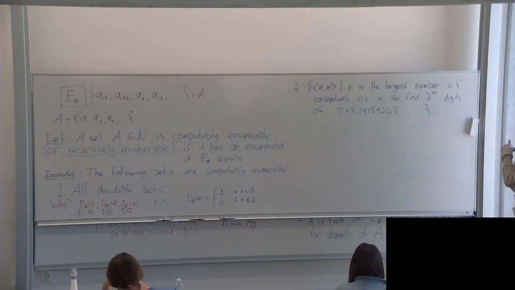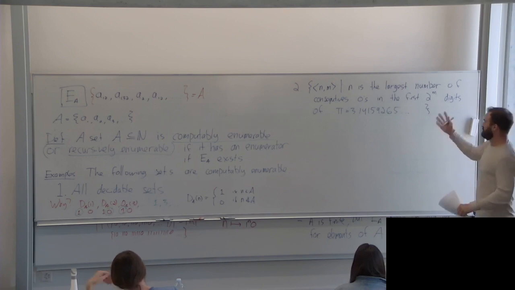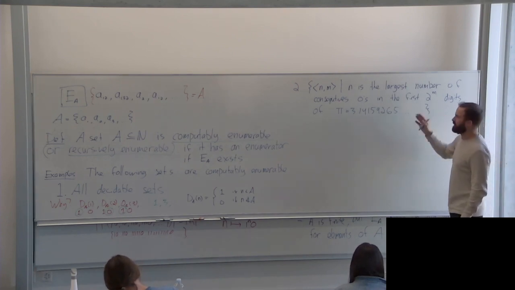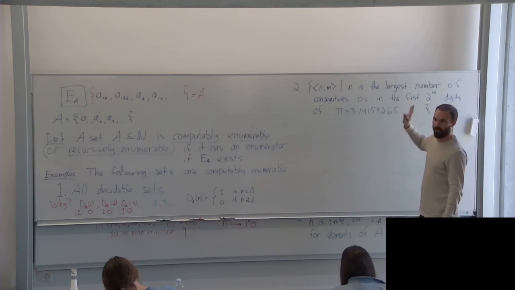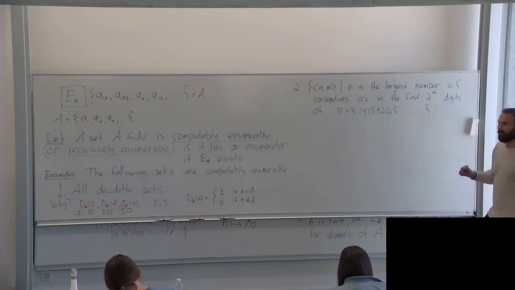N is the largest number of consecutive zeros in the first 2 to the m digits of pi. In this definition, I'm assuming that we write pi in decimal expansion. Why not? This is the way I define this set.